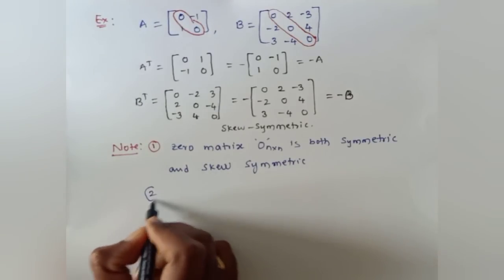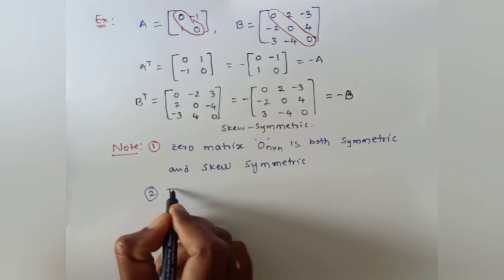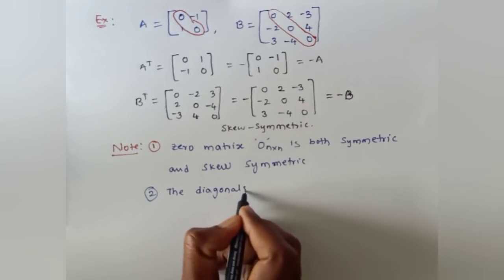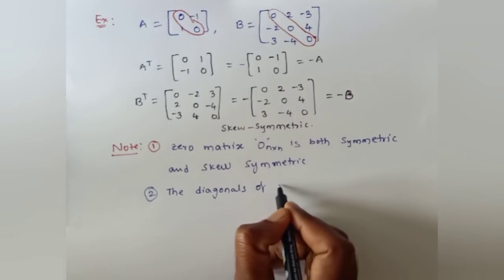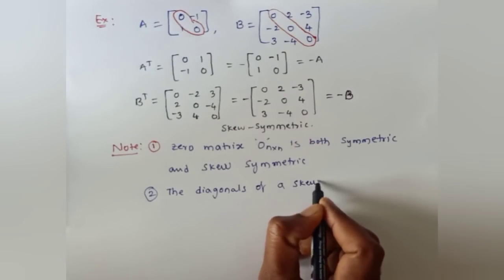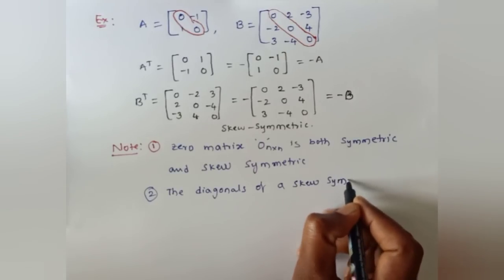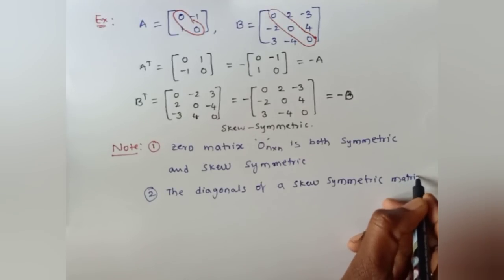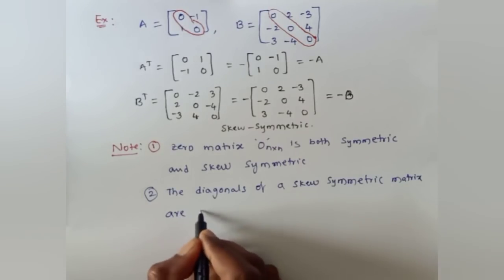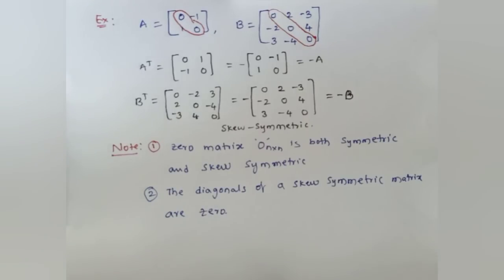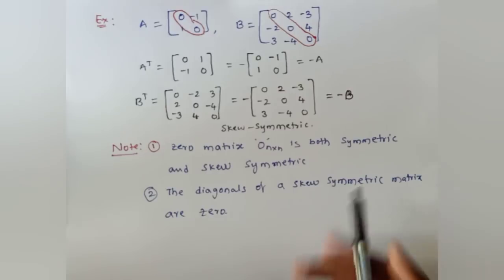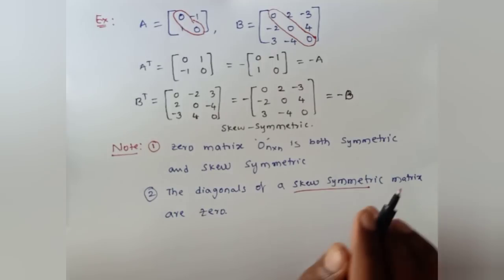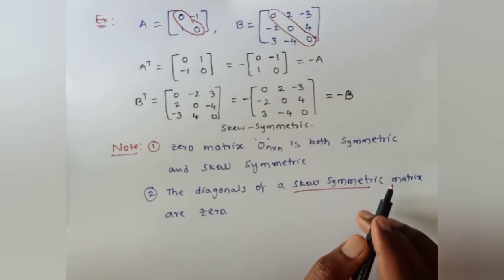And then the second point, the diagonal elements of a skew symmetric matrix are zeros. If the diagonal elements are 0, then only it is a skew symmetric matrix. Otherwise it is never skew symmetric.